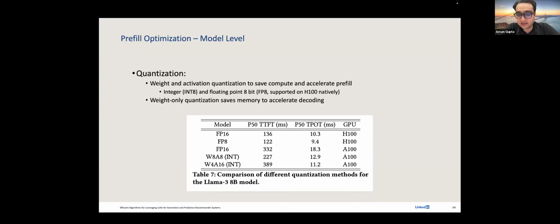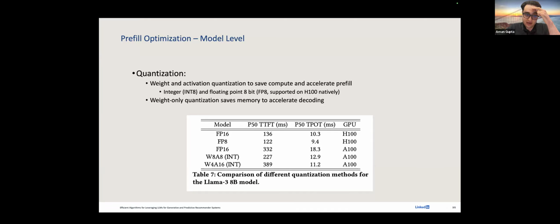At 16 bits, we see that comparing H100 and A100, the newer GPUs are much faster. So, of course, if we have the money, we should buy the newer GPUs. However, we also can do FP8 quantization natively on H100s. And we see that generally FP8 helps both with TTFT and TPOT, which is nice.